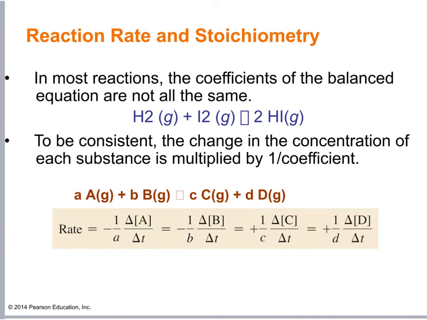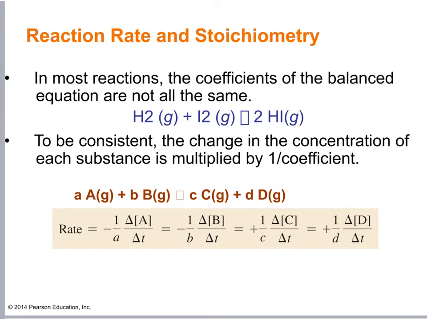The coefficients of balanced equations are not always the same. And so to be consistent in the way in which we describe reaction rates, the change in the concentration of each substance is multiplied by 1 over that coefficient.